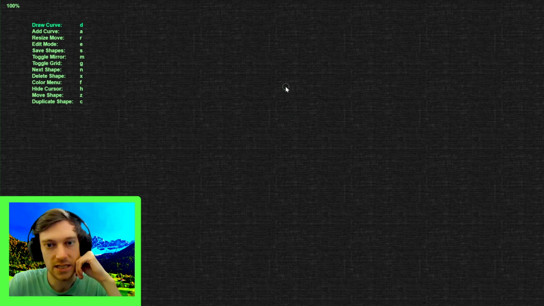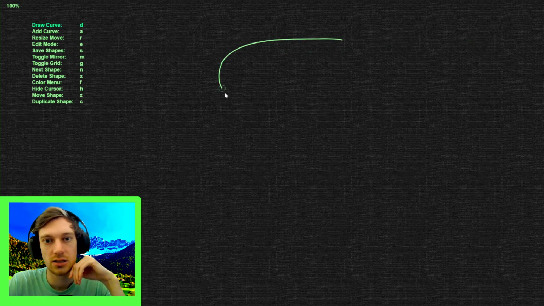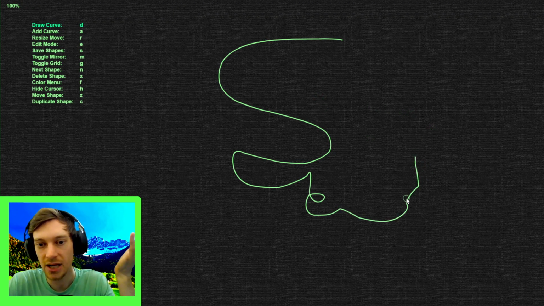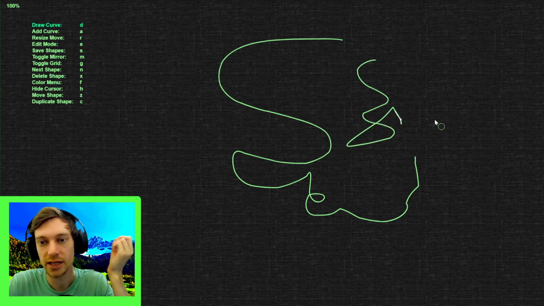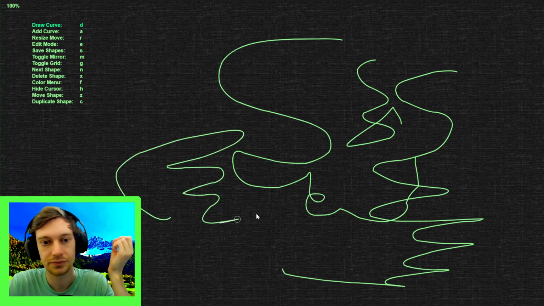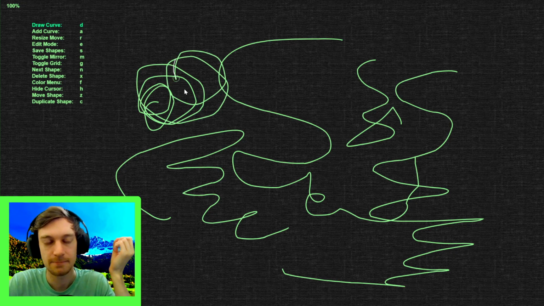The issue is, if I do a squiggly line or something, it does perfectly match, but it's not a smooth curve. Like you can see, it's sort of messy, but it does match it.